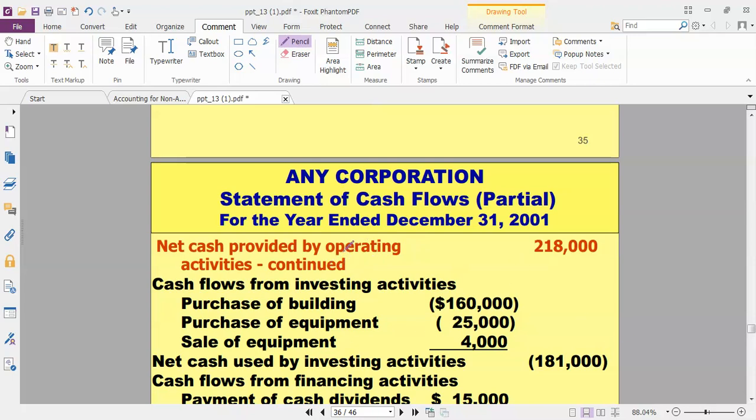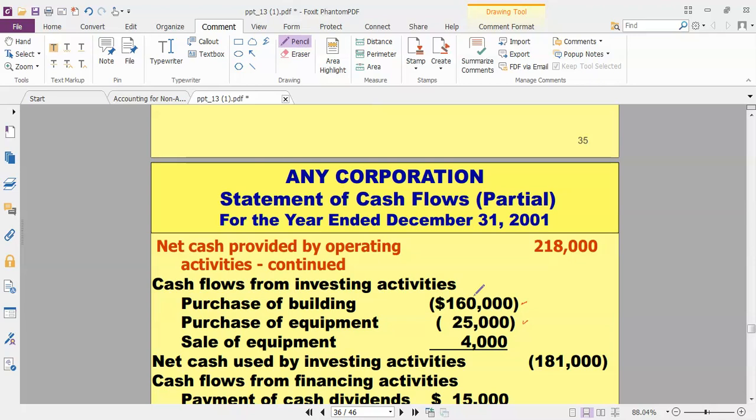Horizontal format. Cash flow from investing: the question gives you that the company has to purchase a building and purchase equipment. You must minus, because our money goes outside from the company to purchase the building.